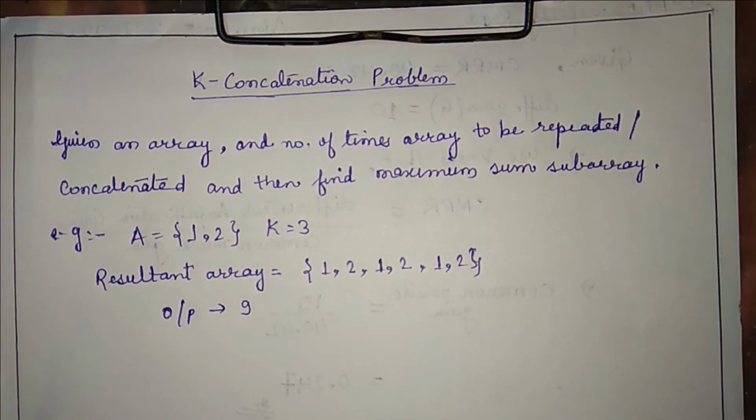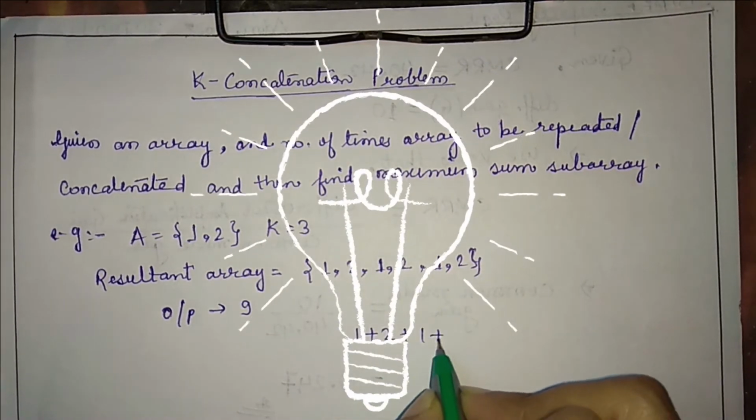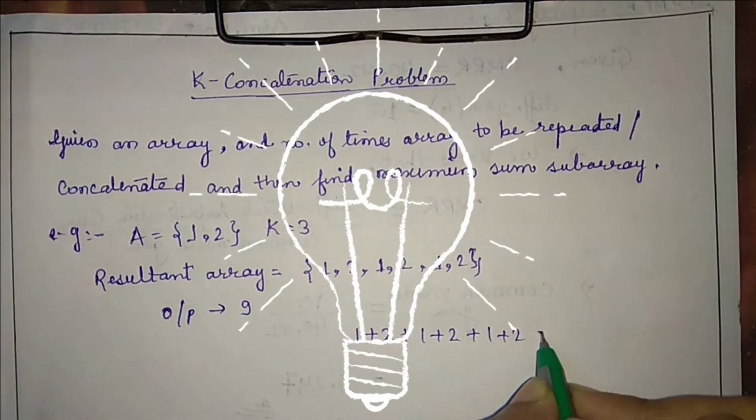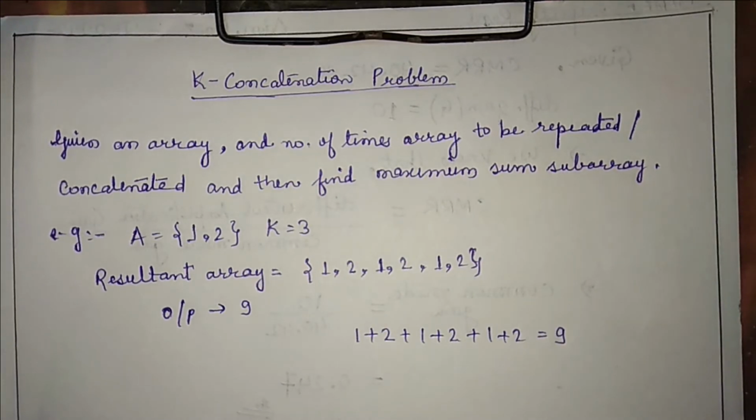As we have to calculate the maximum sum subarray, in this case our output will be 9. How am I reaching the output? 1 plus 2 plus 1 plus 2 plus 1 plus 2, which equals 9. So this is the maximum sum that is possible from this resultant array, and this makes our output 9. Now let us see the constraints.